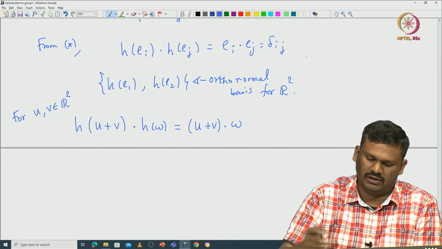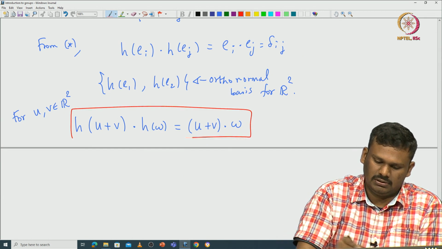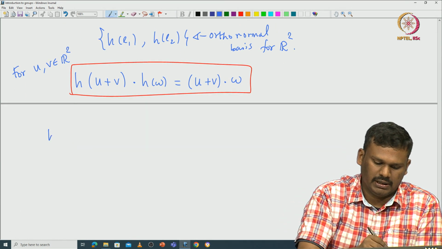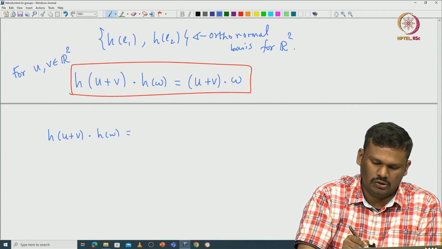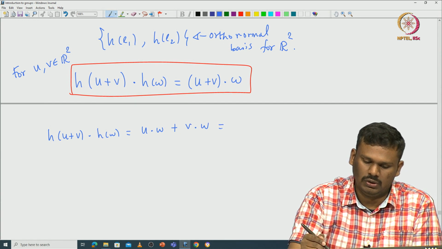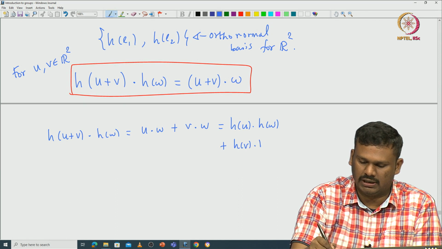So, it is true even for this. Now use this equation. Then you can see that H of u plus v dot H of w is equal to u dot w plus v dot w, which is equal to, u dot w again back to H of u dot H of w, plus v dot w again H of v dot H of w.